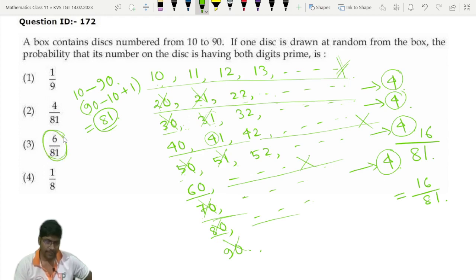It should be 16 by 81, not 6 by 81. In my opinion, the question is correct, the information is correct, but the options are not correct.